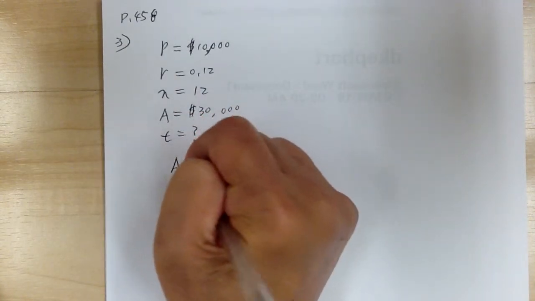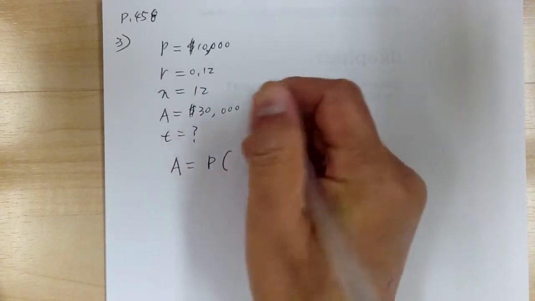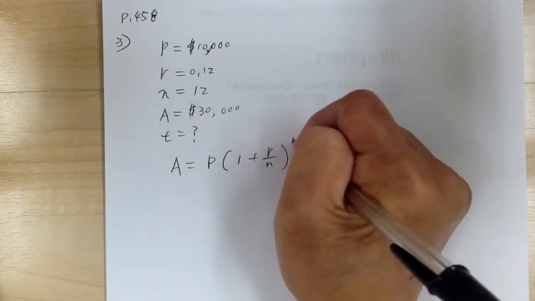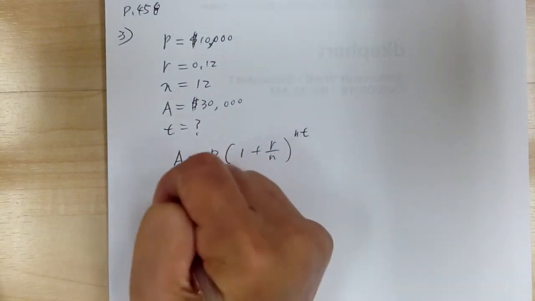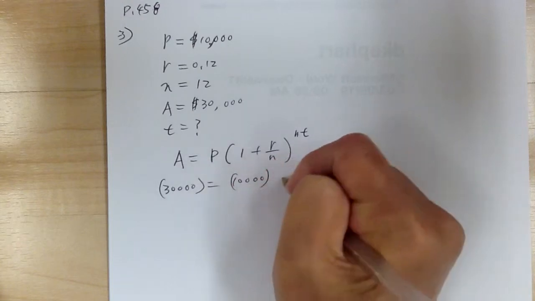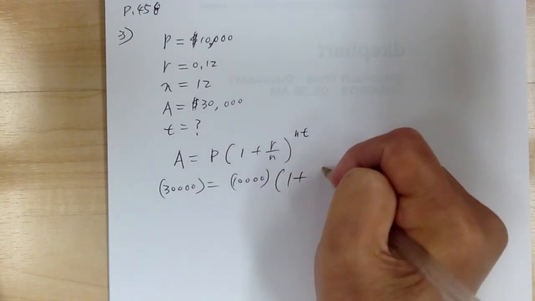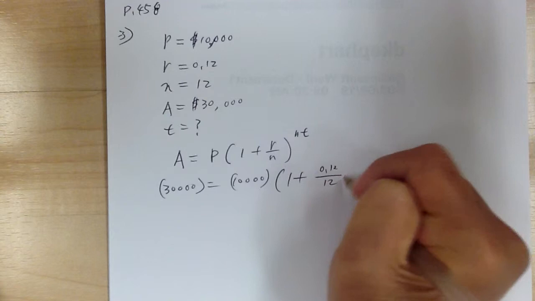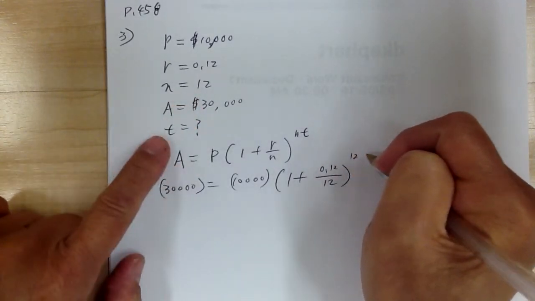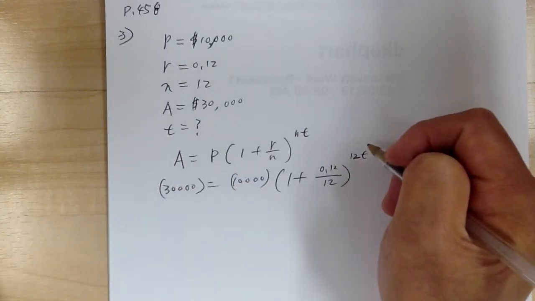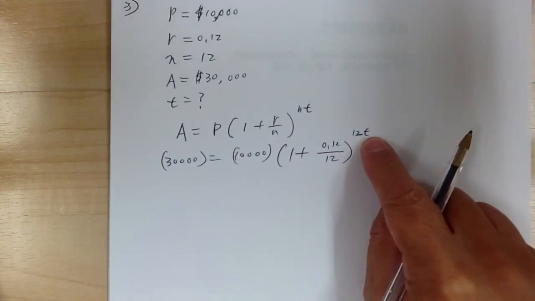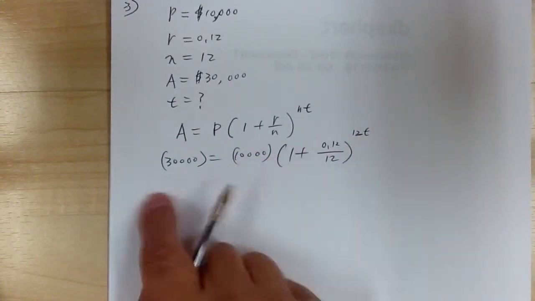Okay, so this is the investment problem. Write down the investment equation, the compound interest equation, and substitute everything in here. Now for this one, the variable is in exponent position, so you need to get rid of all the stuff here first.